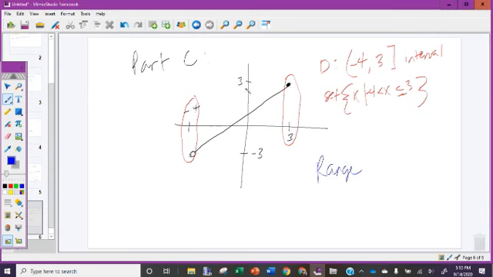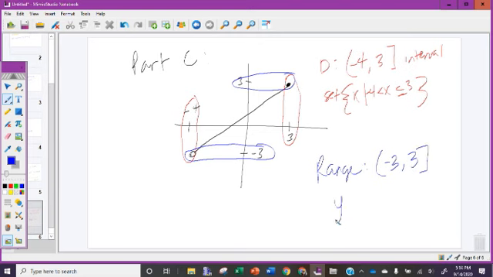So the range here, the range is from bottom to top. So my lowest y value is at -3, and it's open, so parenthesis -3. My highest y value is at +3, so 3 bracket. Again, that's my interval.